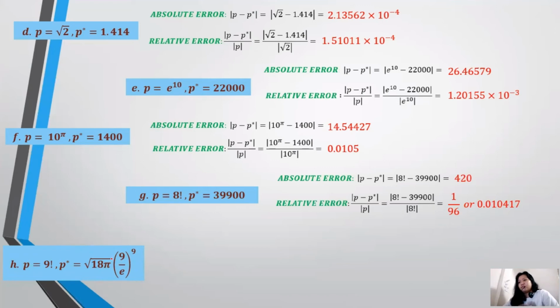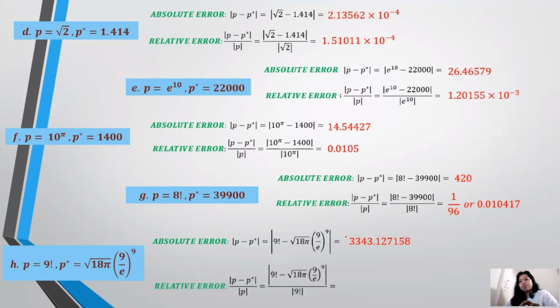So using the formula for absolute error, the absolute value of P minus P to the power of asterisk is equal to 9 factorial minus the square root of 18 pi times the quantity of 9 over e to the power of 9, in absolute value, which equals 3,343.127158. So that is for the absolute error.